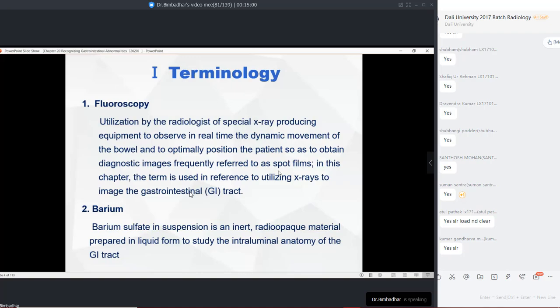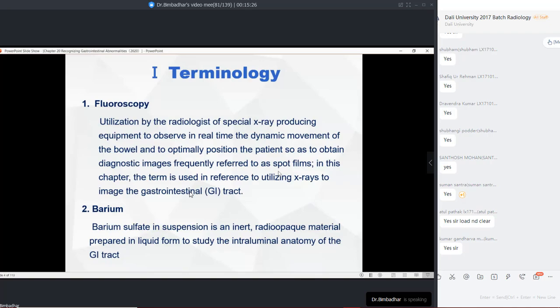So the 15 to 20 images we obtain are taken over a fixed time. For example, I start now, take the first image now, and then take another image after some time, something like 10, 15, or 20 minutes. Depending upon the indication of the disease, I will try to take more pictures.